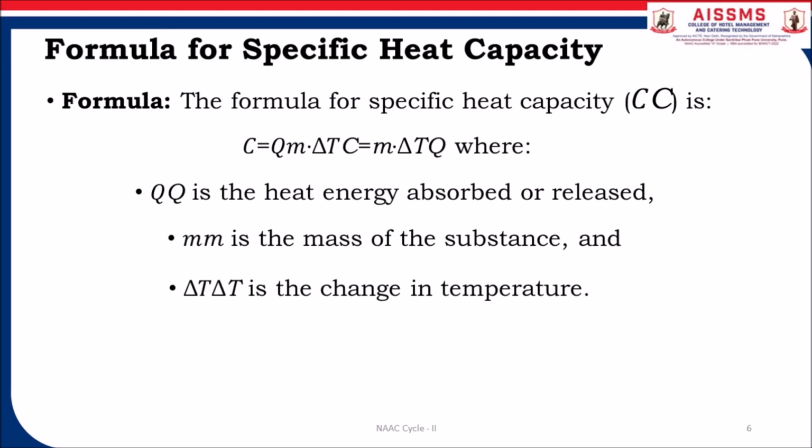As mentioned before, it is calculated using C equals Q divided by m times delta T, where C is specific heat capacity, Q is the heat energy absorbed or released, m is the mass of the substance, and delta T is the change in temperature.